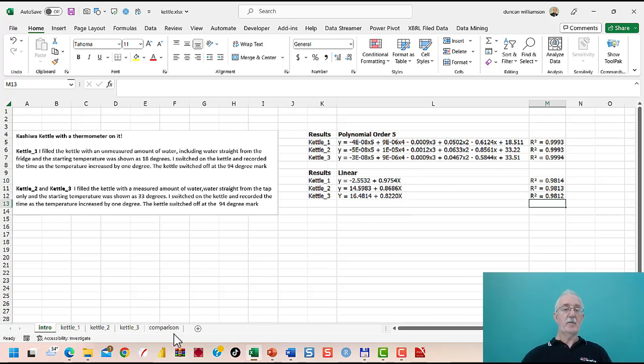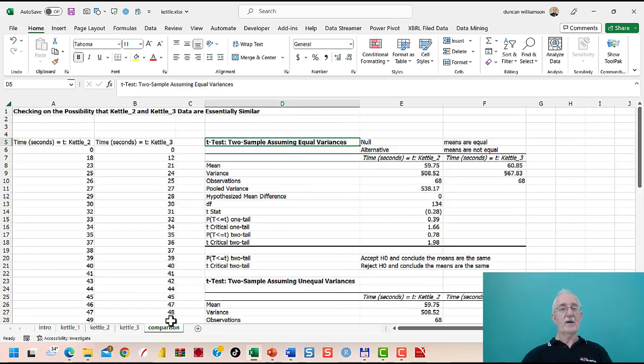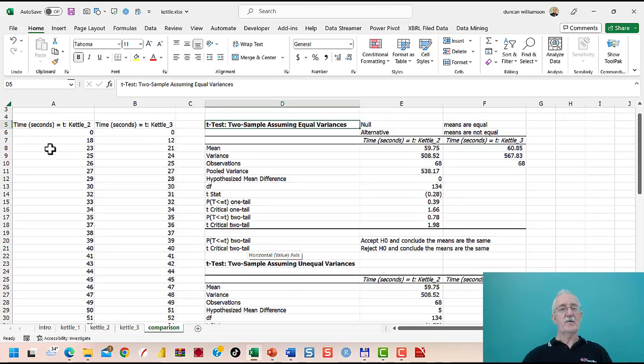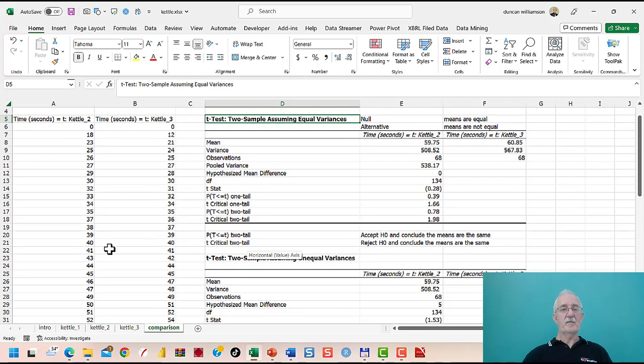There we are. By comparison, the final thing I did was I made a note of the time in seconds for experiment 2, and then again for experiment 3, and I used the t-test two-sample assuming equal variances utility from the Data Analysis ToolPak.